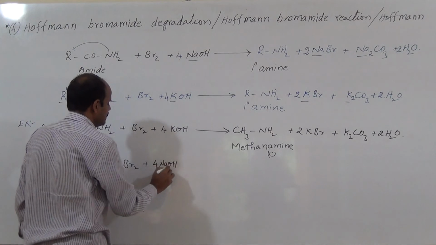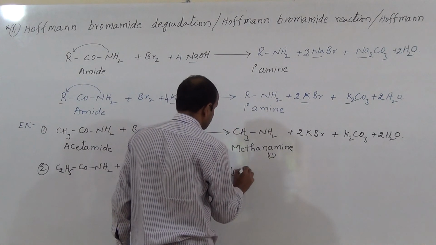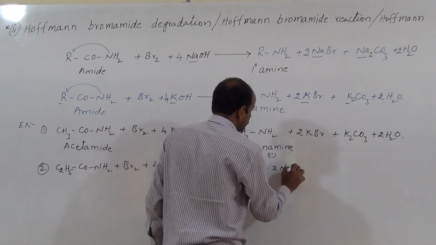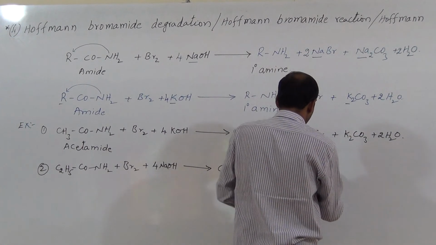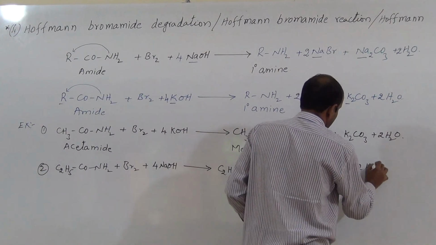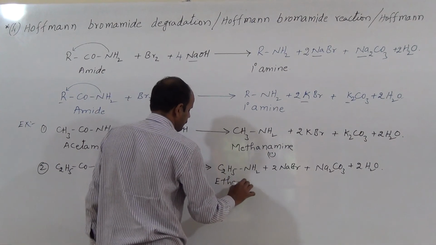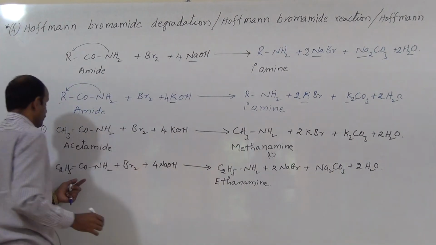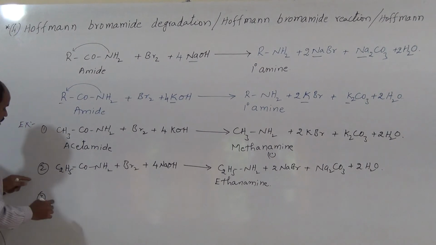For example, if you take NaOH, then we get C2H5NH2, sodium bromide, sodium carbonate, and water. This is ethanamine. This is propanamide.